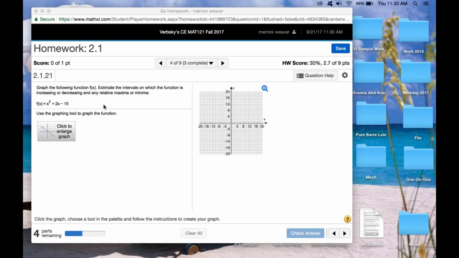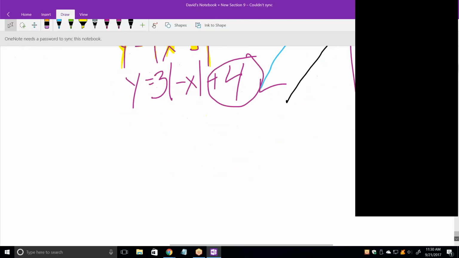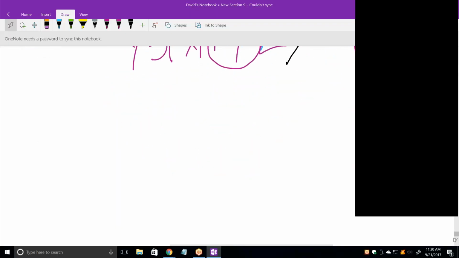Hold on. I wrote up both of the parentheses for the factor. That's the function. It's plus 2x. Okay. First of all, factor that.